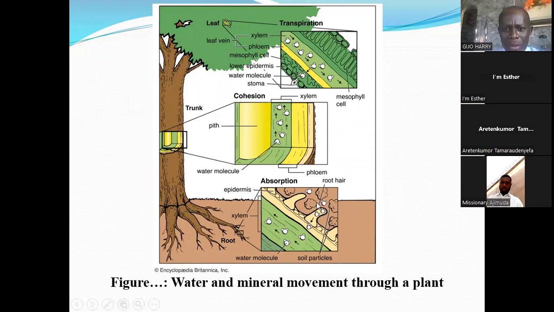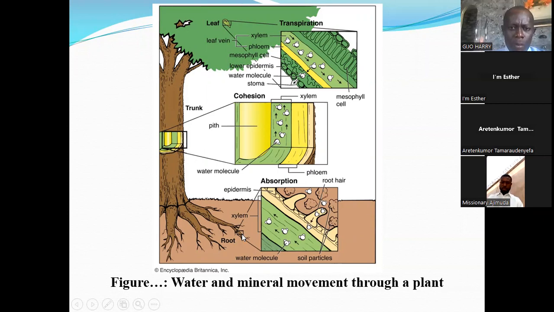Now, absorption of the water molecules takes place in the root hairs, and the water molecules enter the root hairs through diffusion. As they diffuse into the root hairs, you see the water molecules: oxygen and hydrogen, a molecule of oxygen bound to two molecules of hydrogen.